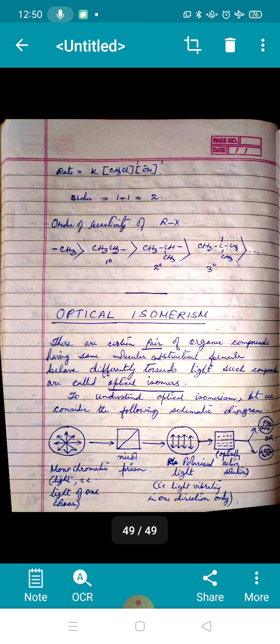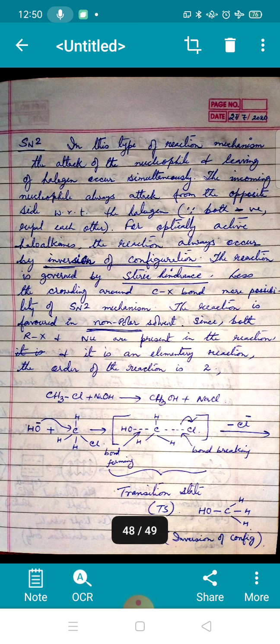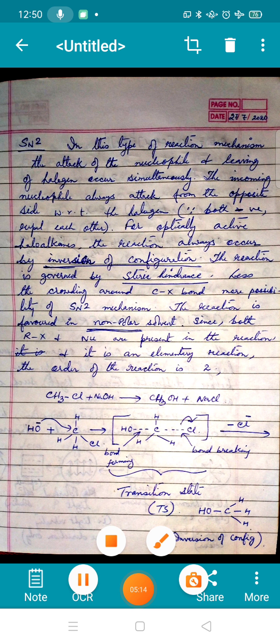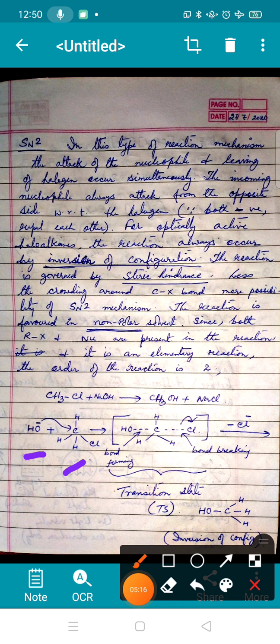Now, how do we calculate the rate of the reaction? You know that the rate of the reaction is governed by the slowest step. But since it is a one-step reaction, there is no question of a slow step or first step. So, what happens here? Both the nucleophile and the haloalkane are equally responsible for carrying out the reaction.